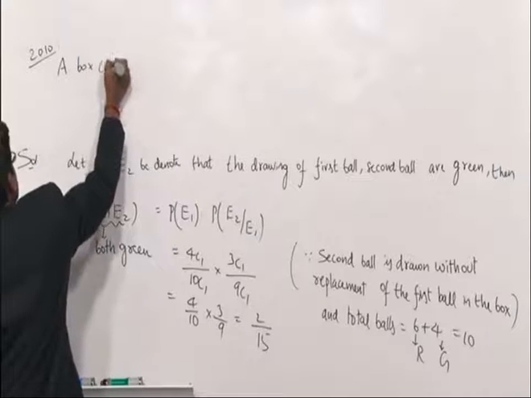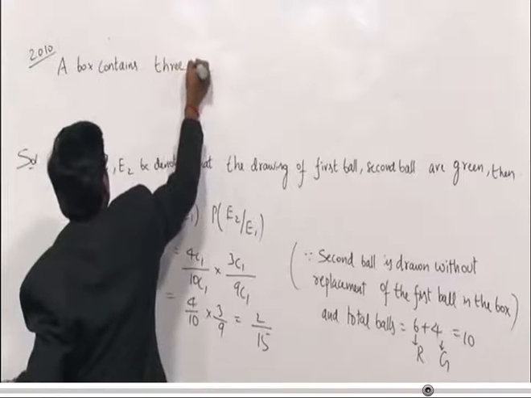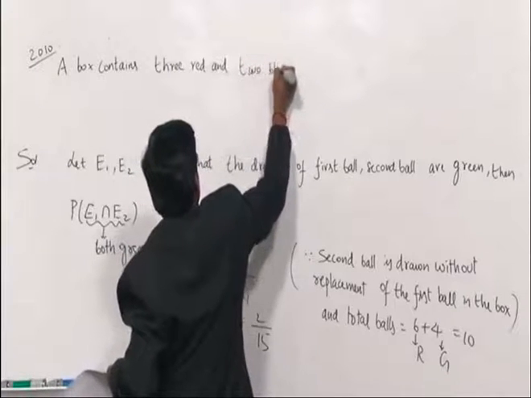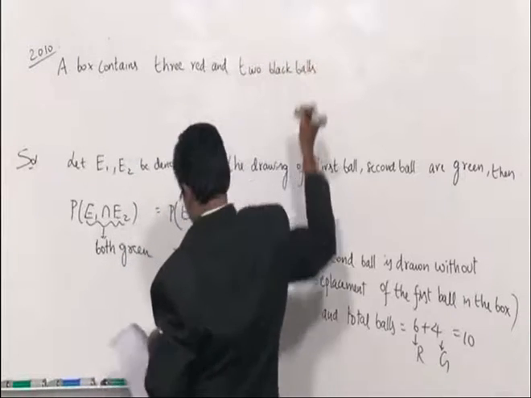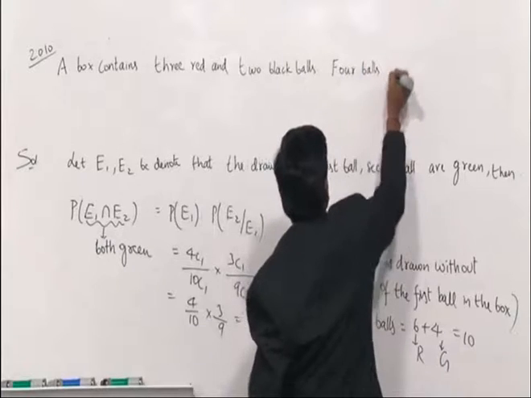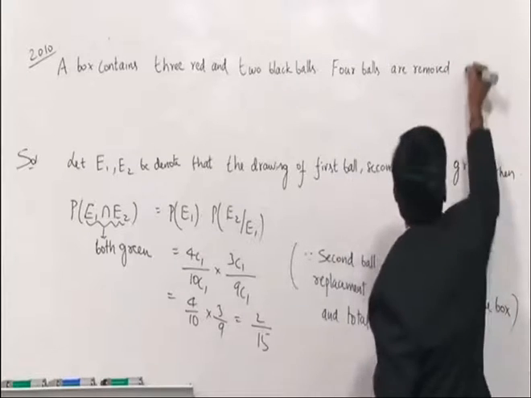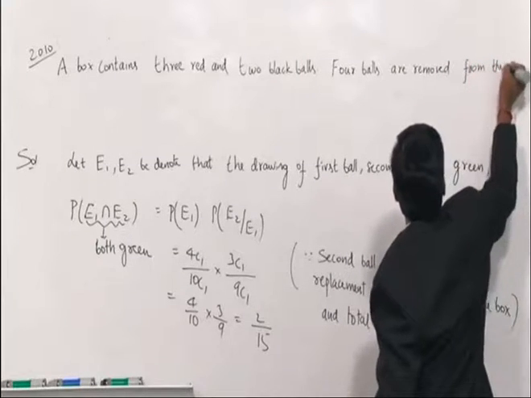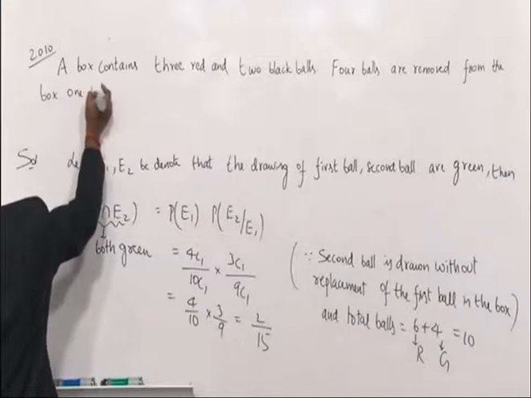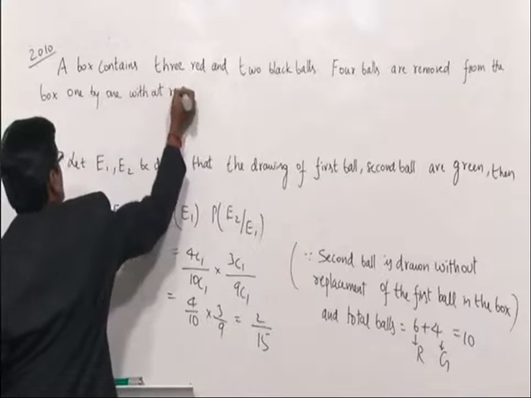A box contains three red and 2 black balls. 4 balls are removed from the box one by one without replacement.